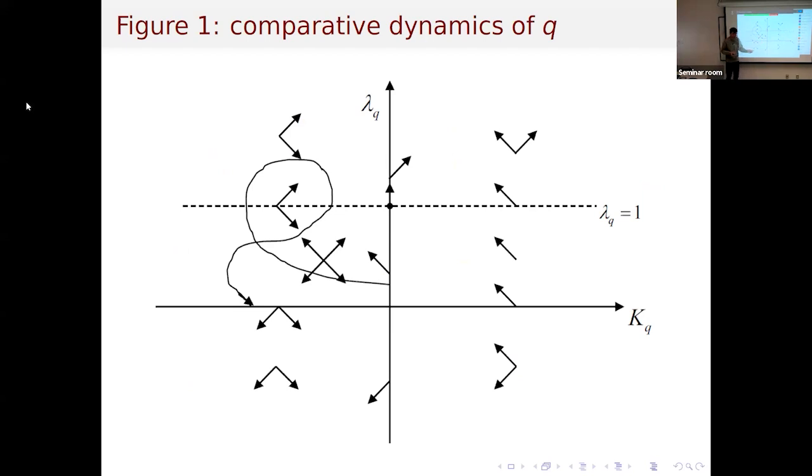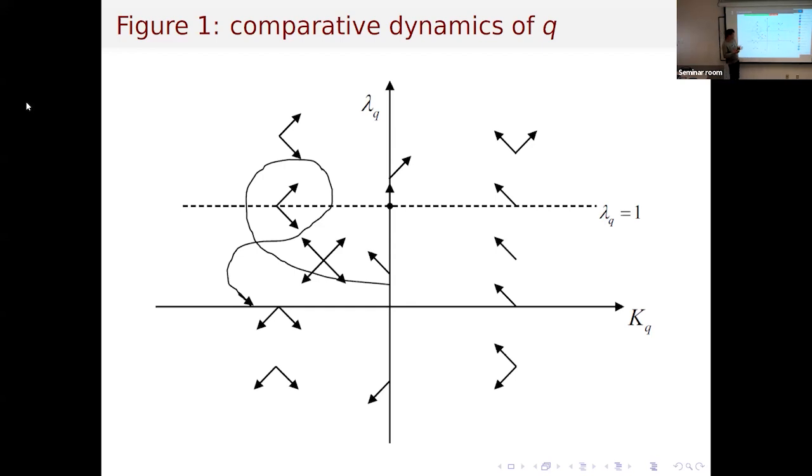Also, we can see that if the system starts here, then it moves to this area and continues to decrease, and it never gets back to here. So we can rule out this possibility. And if the system starts from here, then it moves to this area and decreases all the time, and it never comes back.